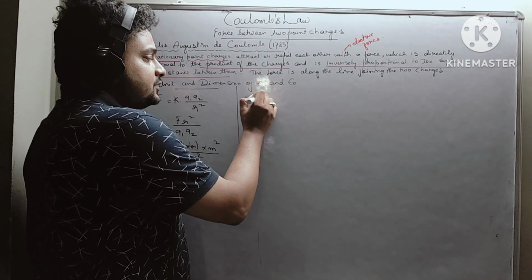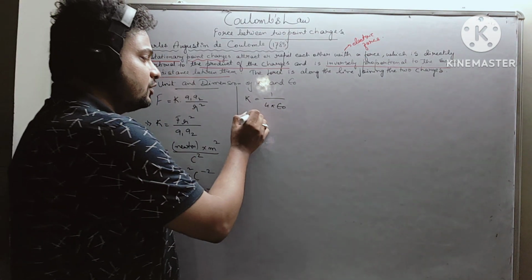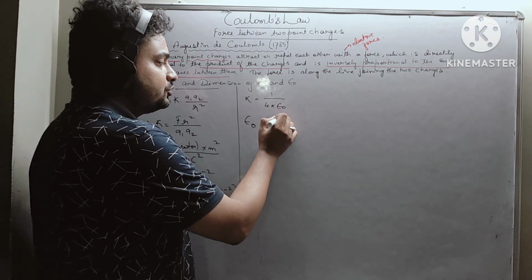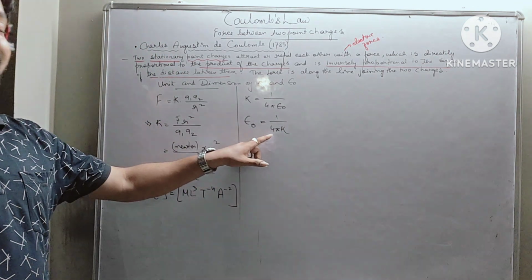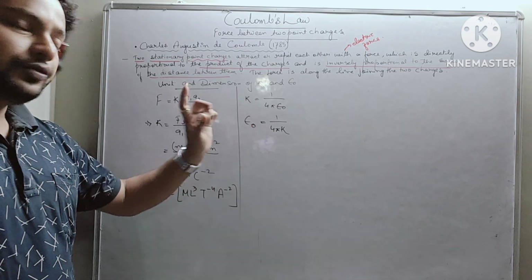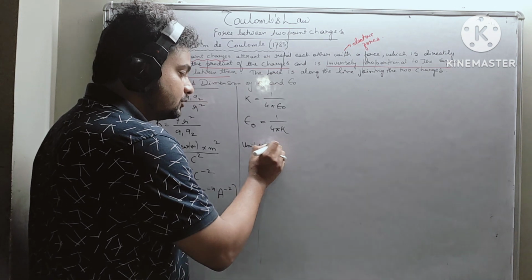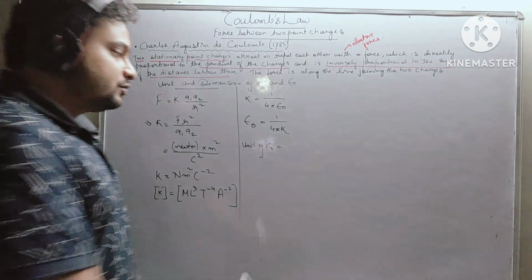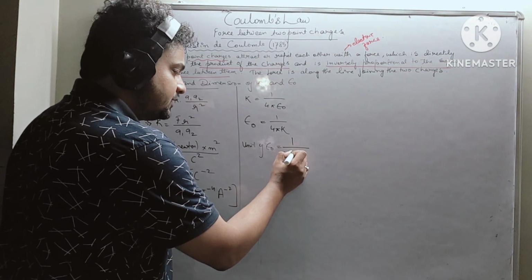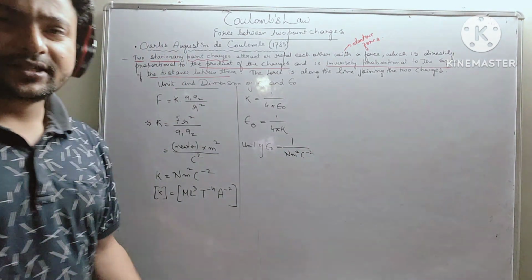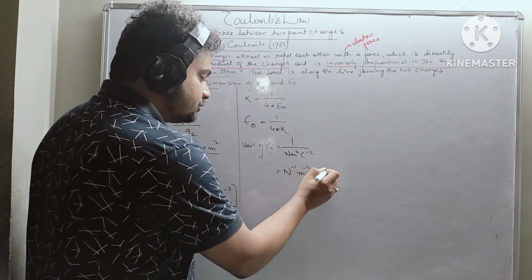We know that K is equal to 1 by 4 pi epsilon naught, so epsilon naught is 1 divided by 4 pi into K. This 4 pi does not have any unit, so the unit of epsilon naught will be 1 divided by the unit of K. The unit of K is Newton meter square Coulomb to the power minus 2, so the unit of epsilon naught is Newton minus 1 meter minus 2 Coulomb square.